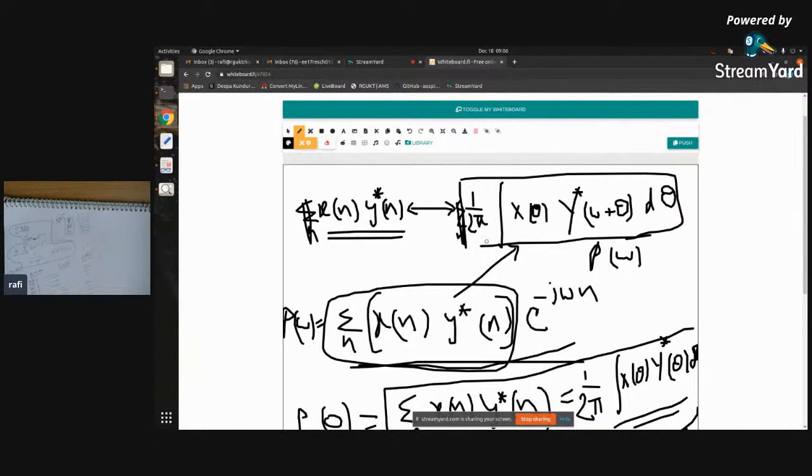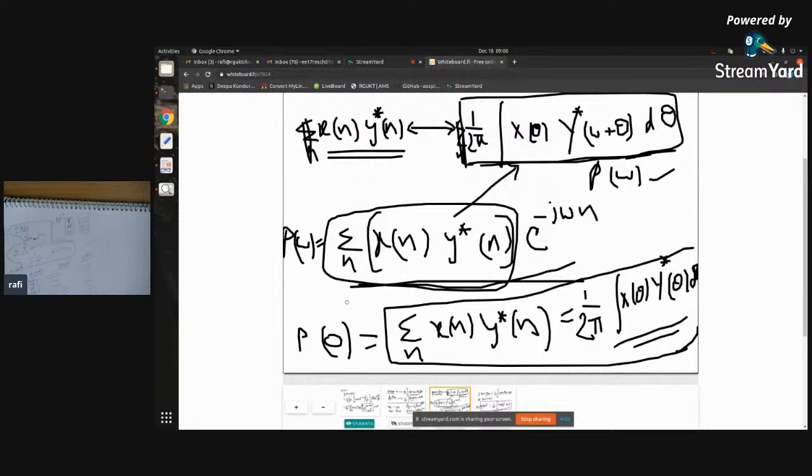Let us call this whole frequency domain expression P of omega. P of omega is actually the DTFT of this product of signals. So when you substitute this in the DTFT equation, that is P of omega, let us find what is P of 0, when omega is equal to 0.